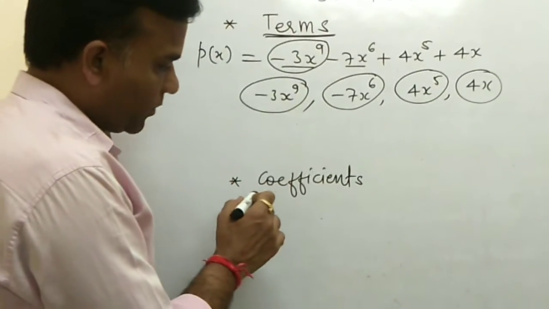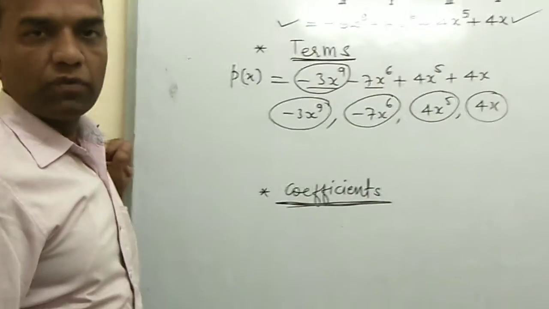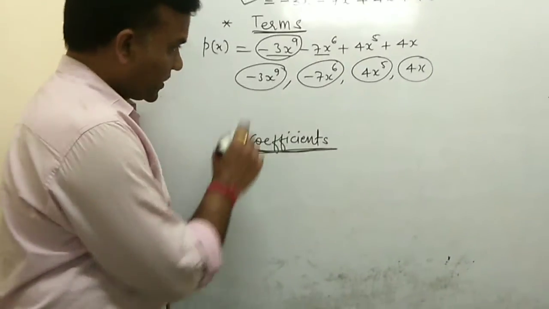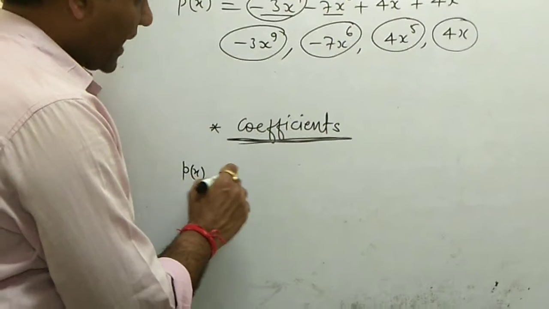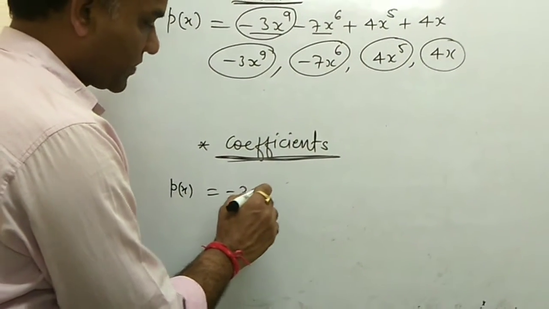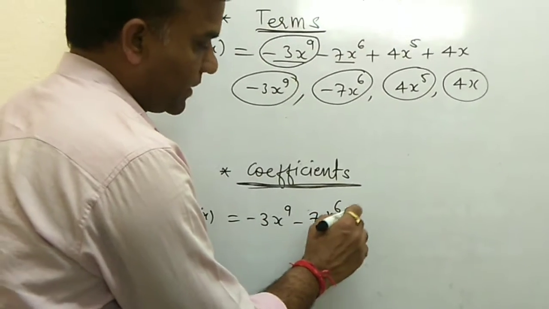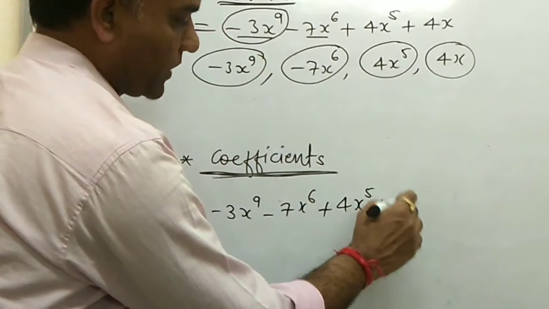Now the third is very important: coefficient, because first you need to know about the coefficient. Coefficient means what goes with the variable. Suppose we take the same question, p of x, and we write minus 3x to the power 9 minus 7x to the power 6 plus 4x to the power 5 and 4x.